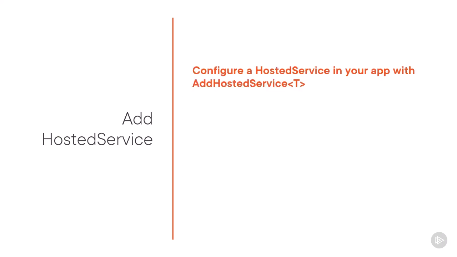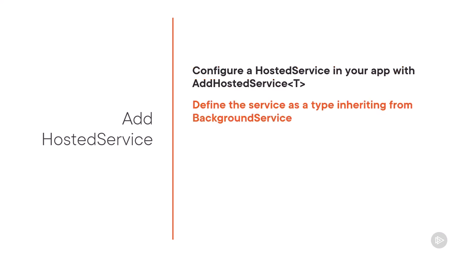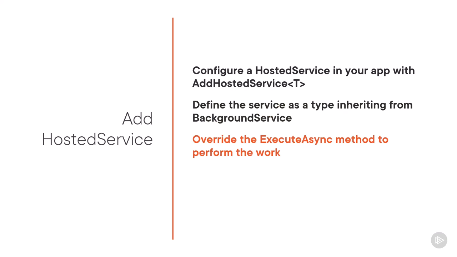You can configure a hosted service in your web app by using the AddHostedService of T that is built in. You don't need to add any additional NuGet packages. Once you have set this up, you define the service as a type, typically inheriting from the BackgroundService base type. Then, you just need to override the ExecuteAsync method and perform your work there or in another method that you call.